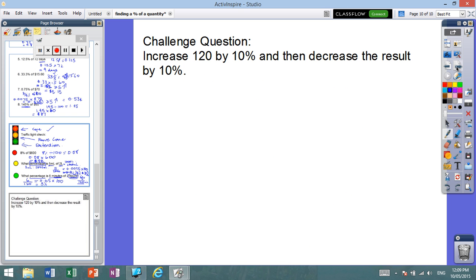We also have, for all of those who want to have a bit of a look into what we're going to be learning next and see if they have any problem solving skills to try and work out something that I haven't taught you yet, we're going to do this challenge question. So pause the video again and have a go at this.